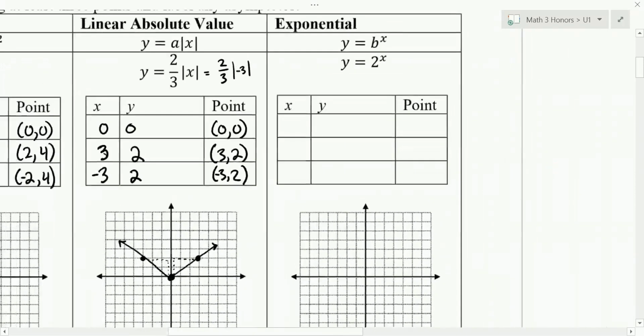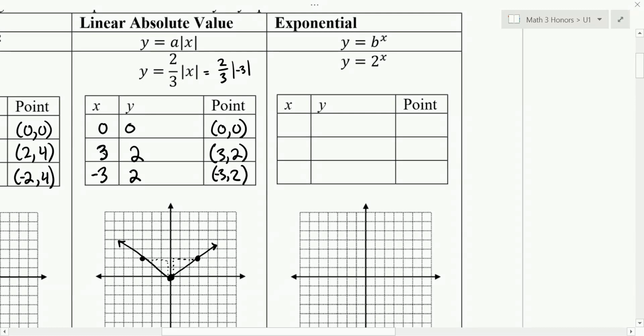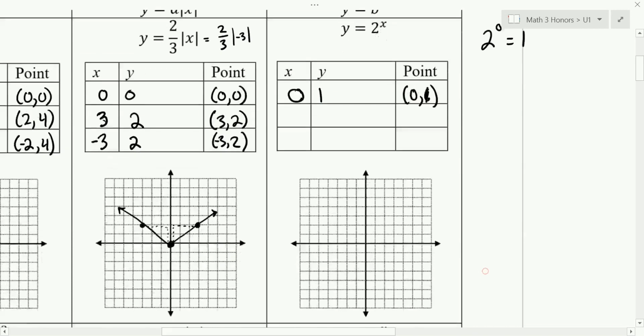And the last one is an exponential function, y equals 2 to the power of x. If you plug in a 0, what do you get? Not 0 this time. You get 2 to the power of 0, and 2 to the power of 0 is 1, so 0, 1. So this one's a little different than the other 3 graphs.